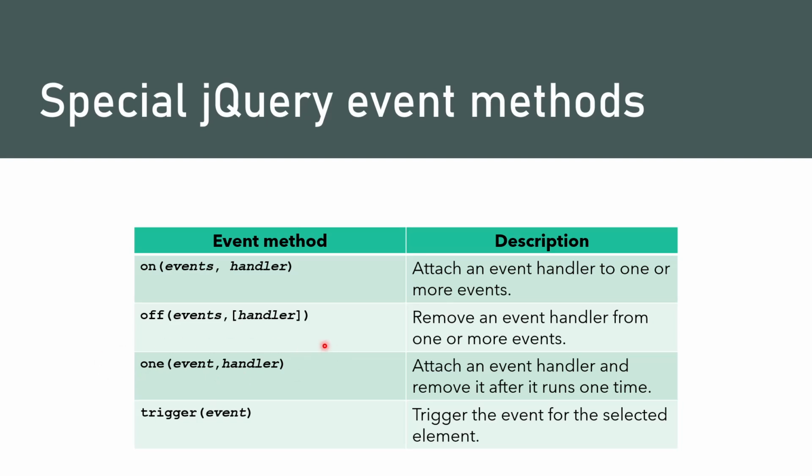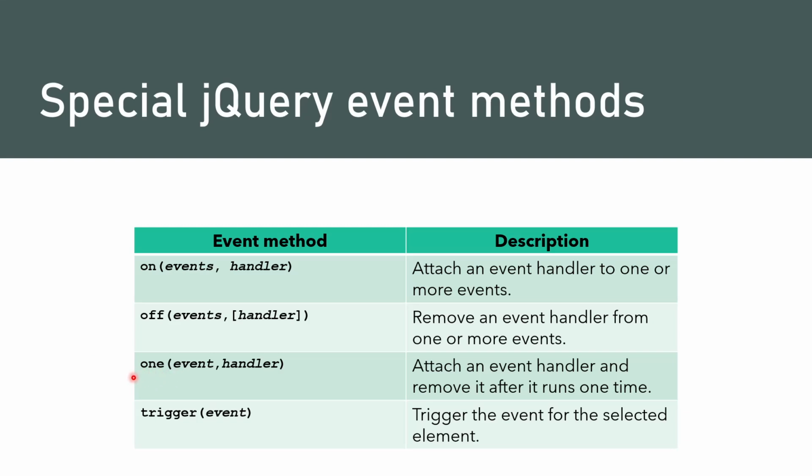So this can be useful if you only want an event to be able to happen once, but that element stays on the page. So you might have like a button that you only want to be able to be clicked once, and after that you don't want any more click events happening. Then you wouldn't have to worry about attaching it and then removing it once it runs once.